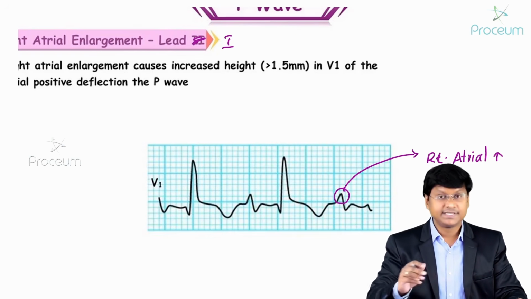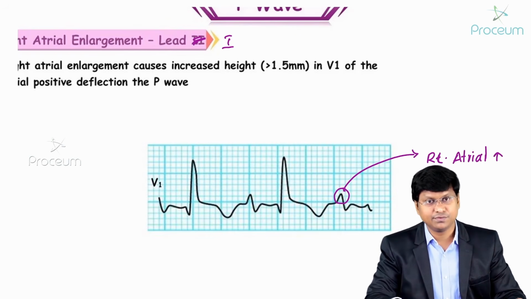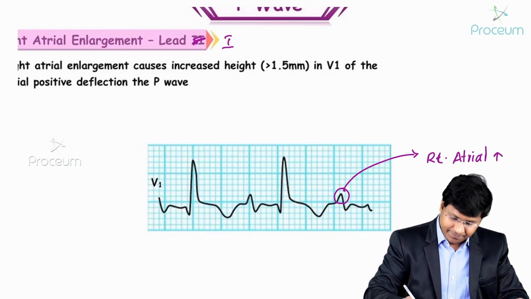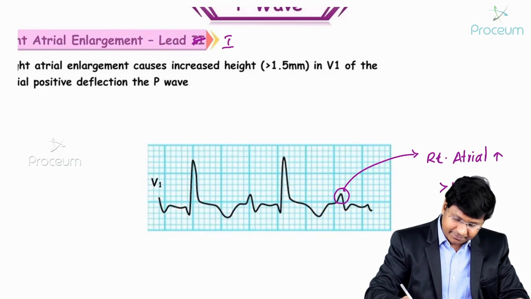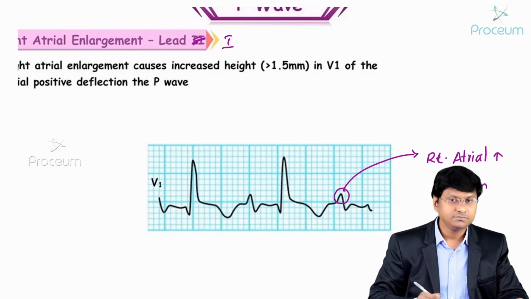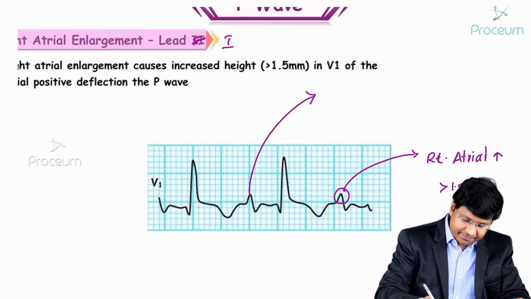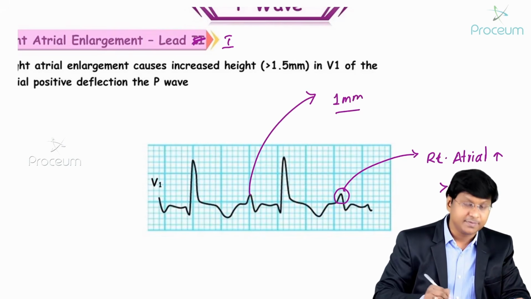Now the next important point is that in right atrial enlargement, the initial half will be more than 1.5 mm. Normally how much is it? Normally it is just 1 mm in a normal right atrium.